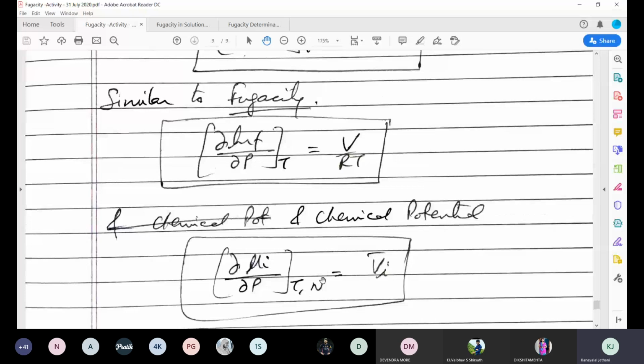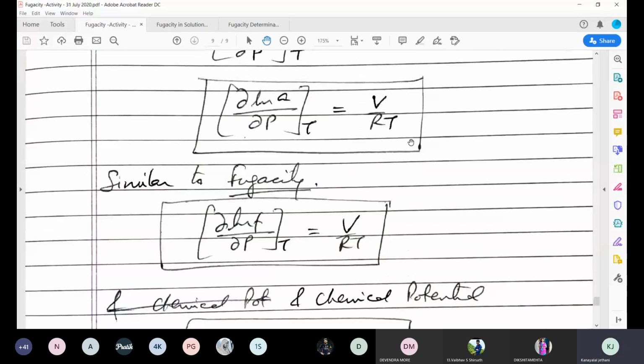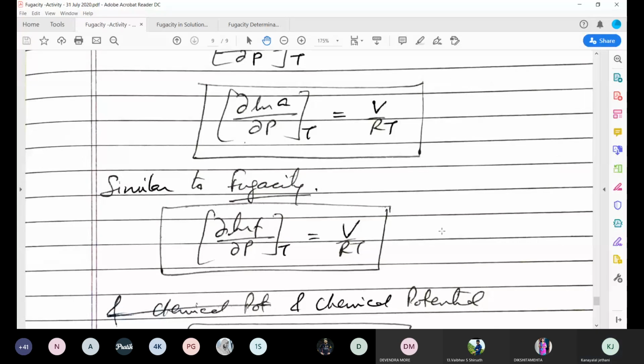RT नहीं आया because of mu is equal to RT, उसमें राइट हैंड साइड में RT आता है, इसलिए only Vi bar. But form is almost same. You can say fugacity activity exactly same. Chemical potential थोड़ा different आएगा because of units of fugacity and chemical potential.